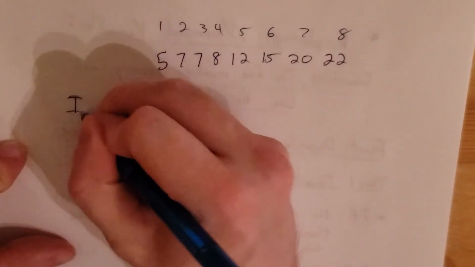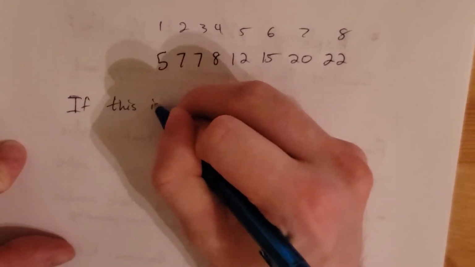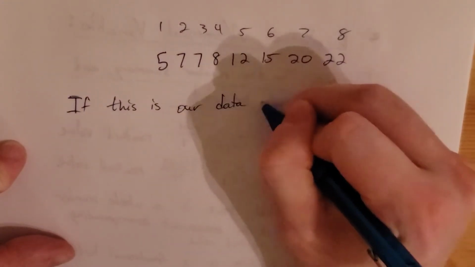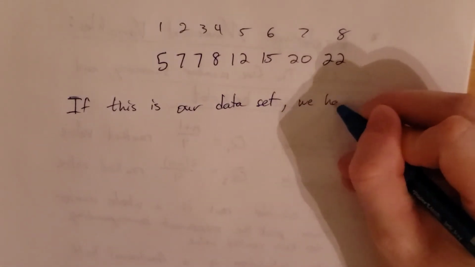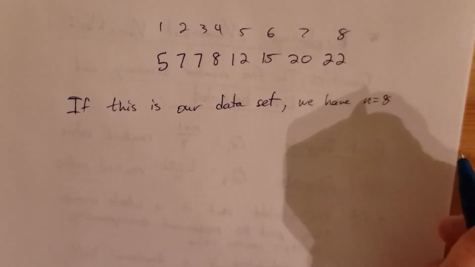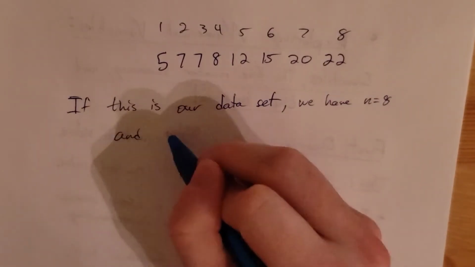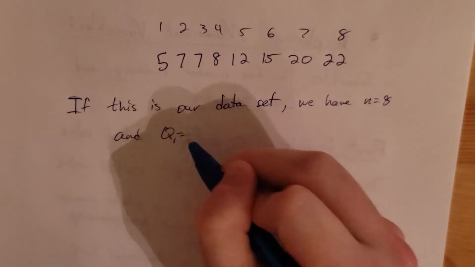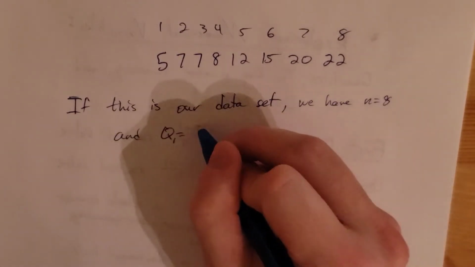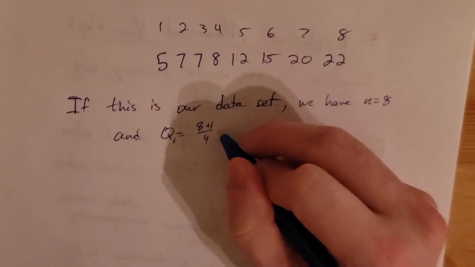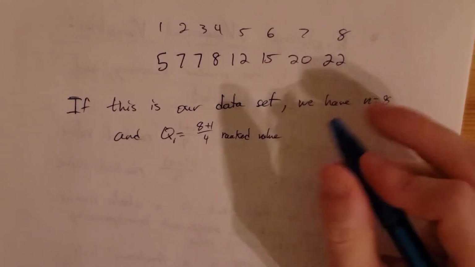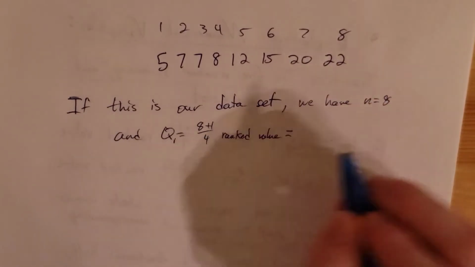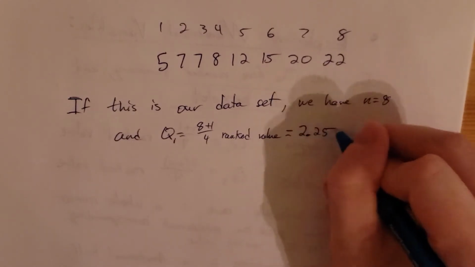Then if this was our data set, we have n equal to 8, and Q1 is the n plus 1, so 8 plus 1 over 4th ranked value, which is 9 over 4, which is 2.25.